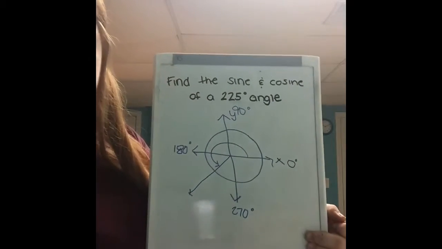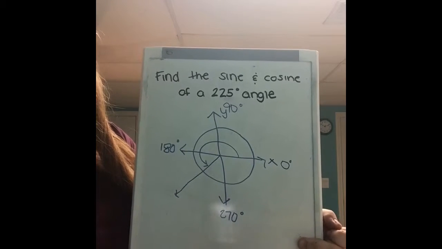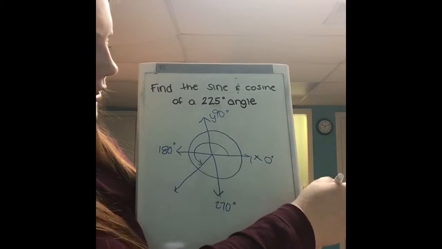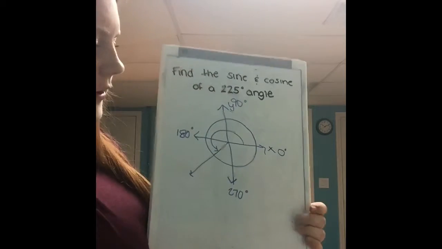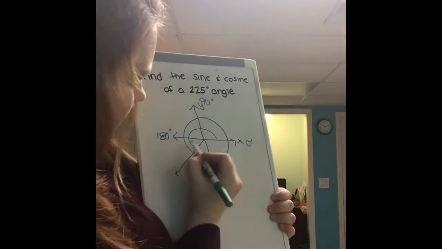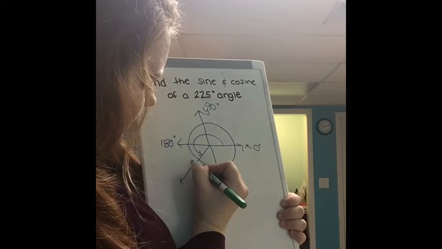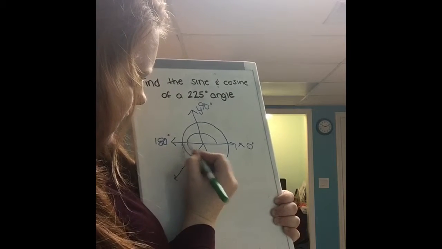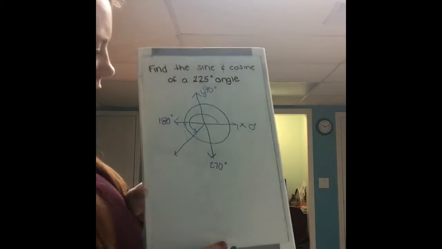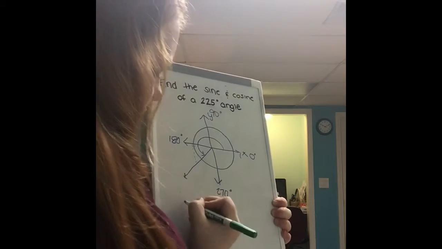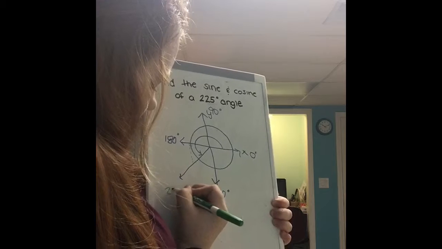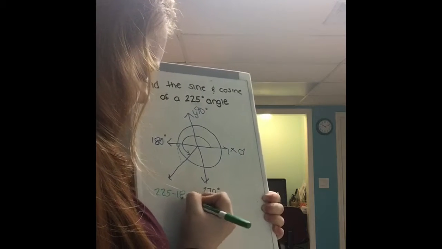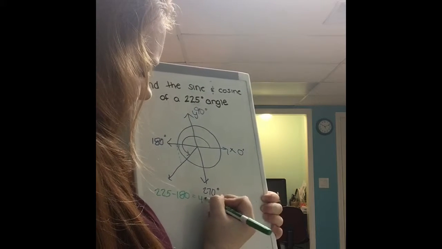Now the special thing about finding the sine and cosine of a 225-degree angle is that what we do is find a reference angle, which is right here. Knowing that, we can say that 225 minus 180 equals 45 degrees.